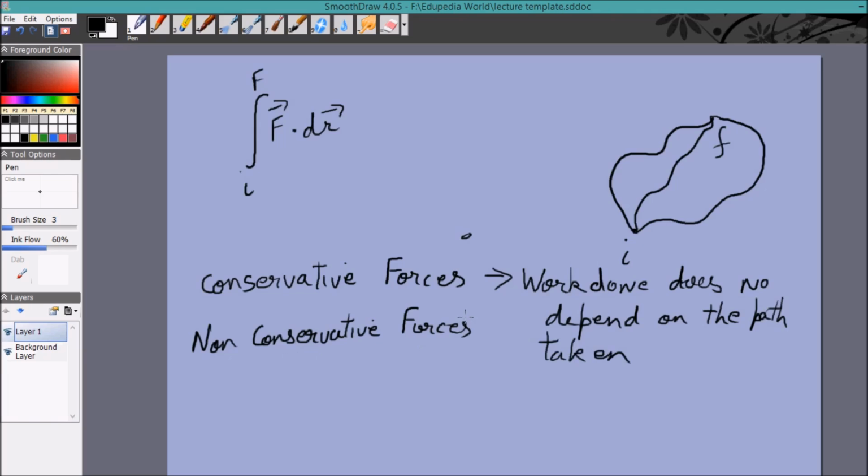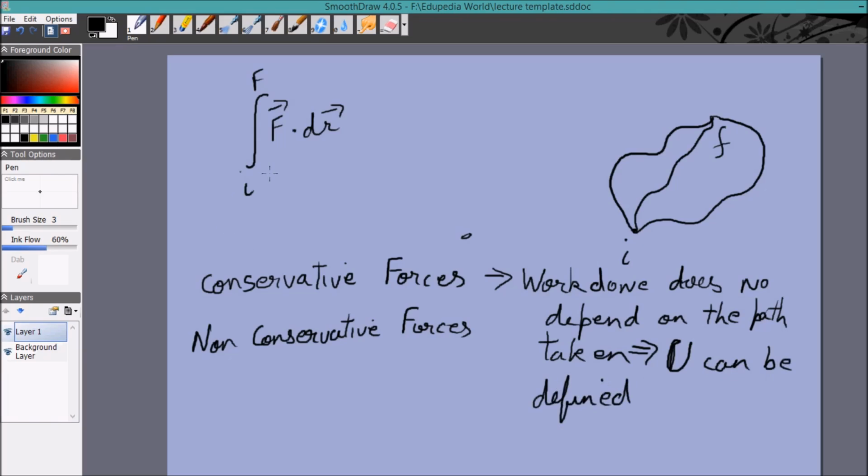And obviously non-conservative forces are the other one, in which the work done depends on the path taken. So for conservative forces, integral i to f F dot dr would be independent of the path we take, right? It ultimately would be a particular value, and so we can define a potential energy for these. U can be defined. But for non-conservative forces, we cannot define a potential energy, right?